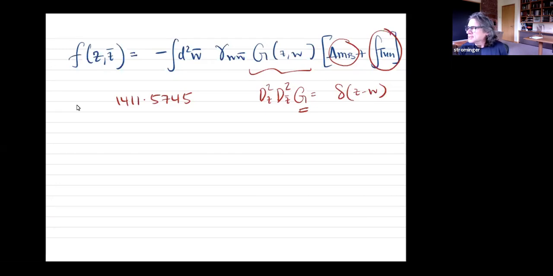And that's just like saying if you want to compute the trajectory of a particle, you can set its initial position to be the origin. Yes.